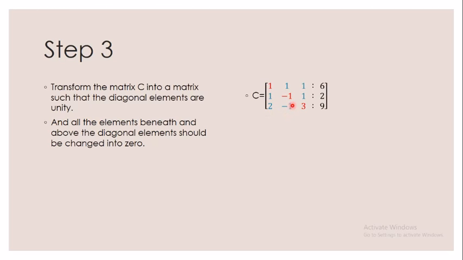whereas in Gauss elimination method you should only consider the elements which are beneath the diagonal elements, and in that case you have to form an upper triangular form, and the elements beneath the diagonal elements were converted into 0. So that was the difference between Gauss elimination and Gauss Jordan method.